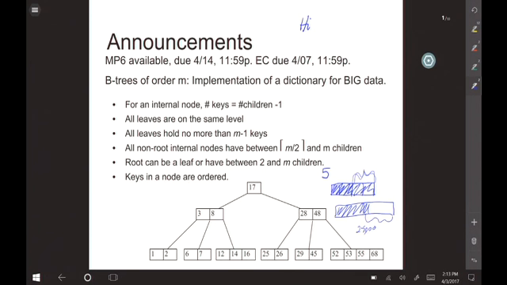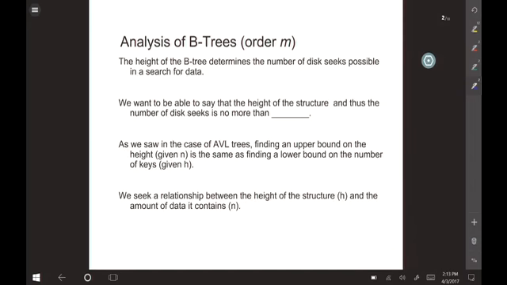All right, so I want to spend a few minutes analyzing these structures to get bounds on how many keys they hold versus how tall they are, and see if we like them analytically. So from an analytical sense, how do we feel about these data structures? M is going to be important to our analysis in a couple of different ways.